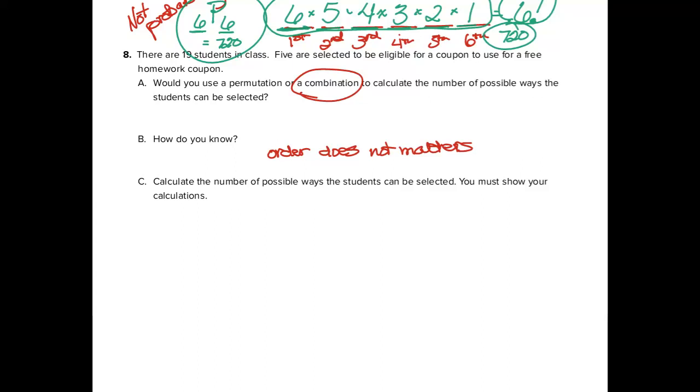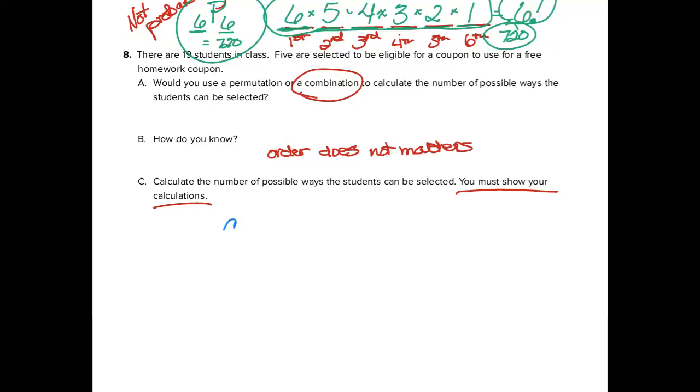So letter C says, calculate the number of possible ways the students can be selected. You must show your calculations. Now, I did not do much with that. What I said was for you to look at and use the combination formula on your calculators.